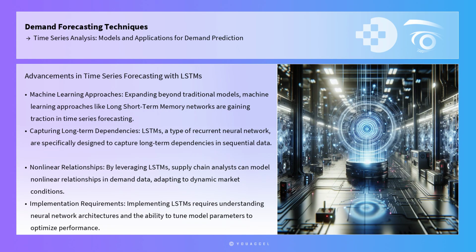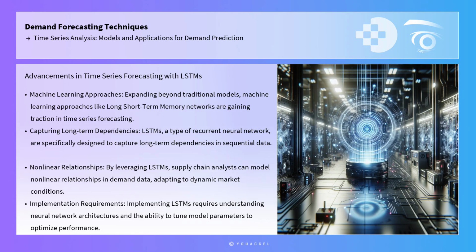Expanding beyond traditional models, machine learning approaches such as long short-term memory networks are gaining traction in time series forecasting. LSTMs, a type of recurrent neural network, are specifically designed to capture long-term dependencies in sequential data, making them particularly well-suited for complex time series with intricate patterns.